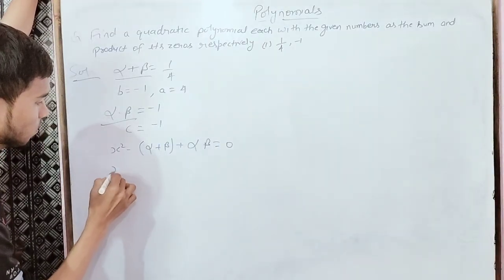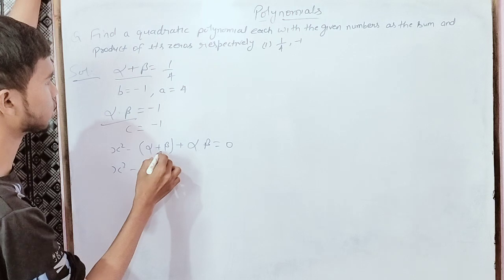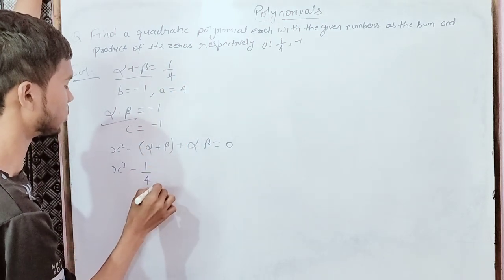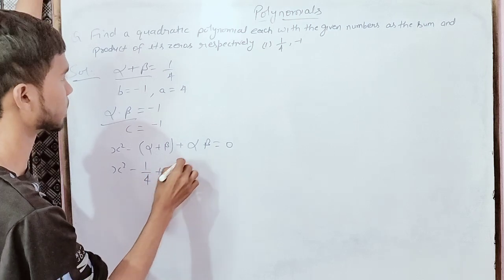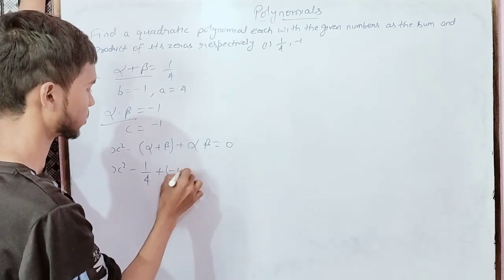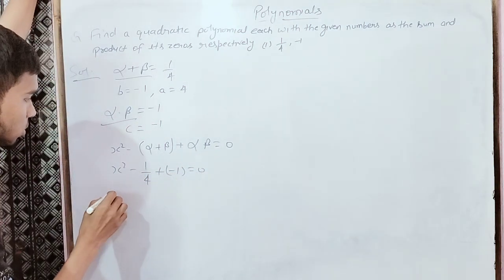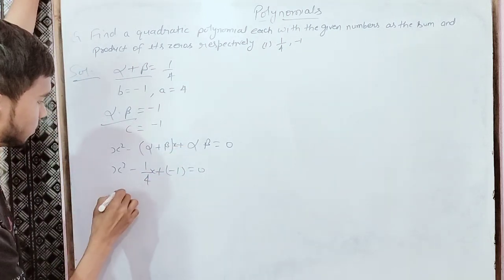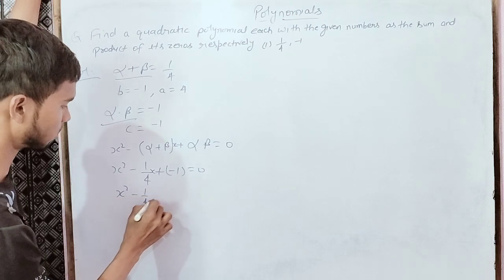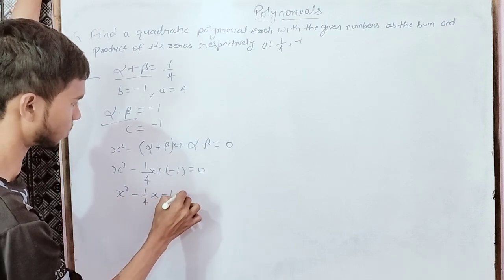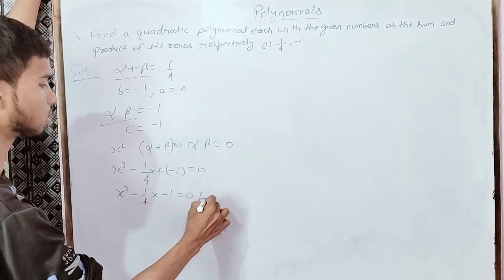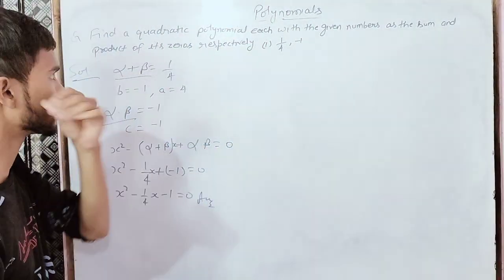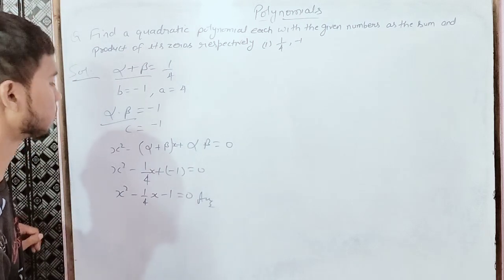Now here it has it. This is how much? 1 upon 4. Next is minus 1. So here with the x square minus 1 upon 4 x minus 1 is equal to 0. This is a quadratic polynomial whose zeros are 1 upon 4 and minus 1.